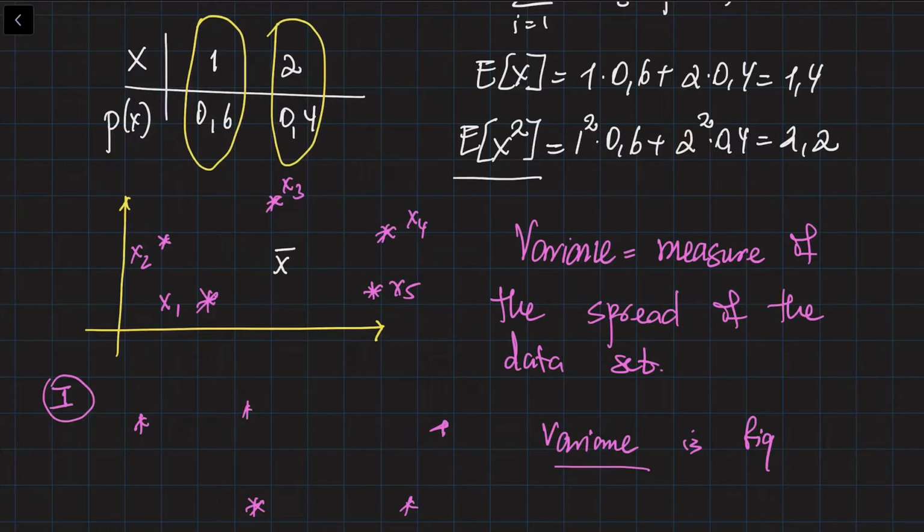What we need to do is find the distance between every point and the mean: distance 1, distance 2, distance 3, distance 4, distance 5. So basically, we are finding the distances between every point and the mean, and the average value of all of those distances is basically going to mean the variance. We are defining the variance like this.